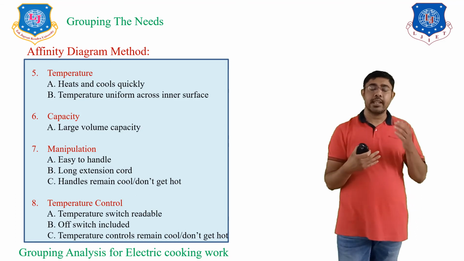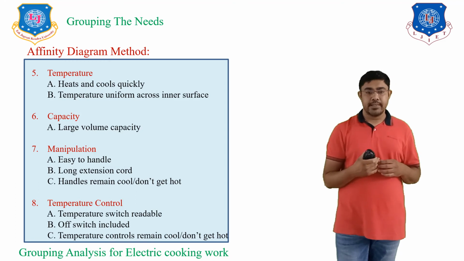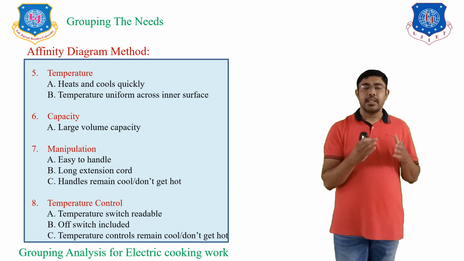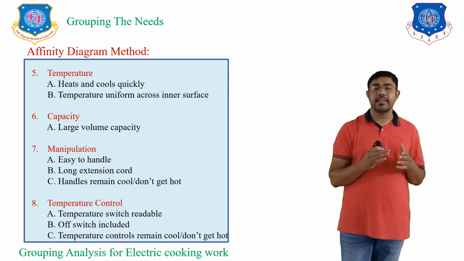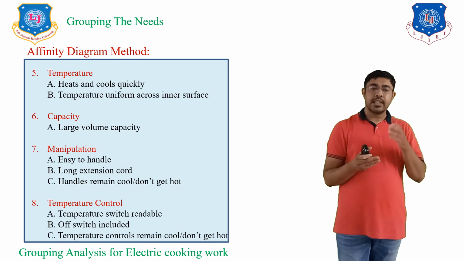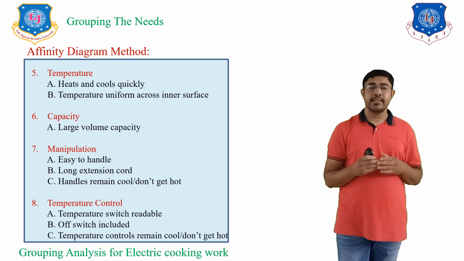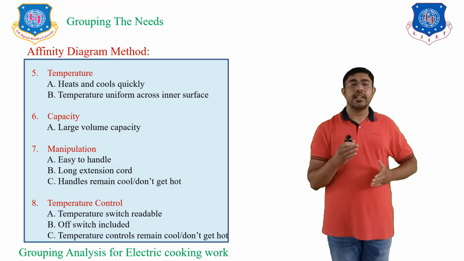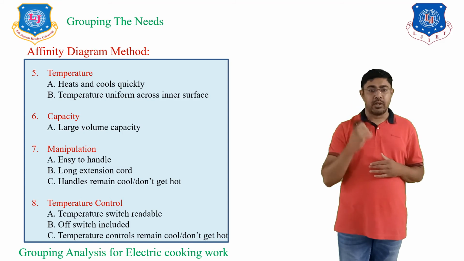From the customers' needs, there are three interpreted needs relevant to manipulation: first is easy to handle, second is long extension cord, and third is handle remains cool, or you can say doesn't get hot. These three needs we affix on the board in the seventh column.